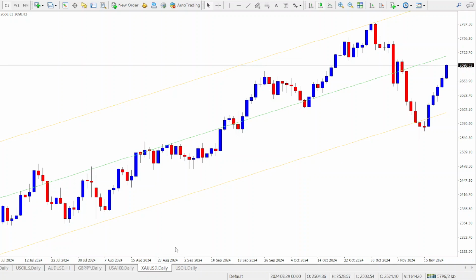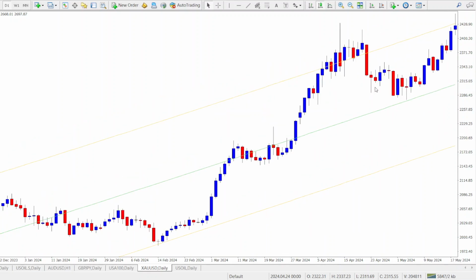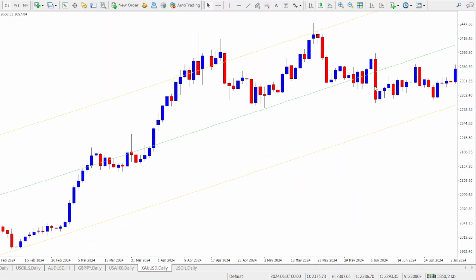Unlike traditional channel indicators, it seamlessly flows with the trend direction and market volatility. And because of that, it is a flexible choice for traders.